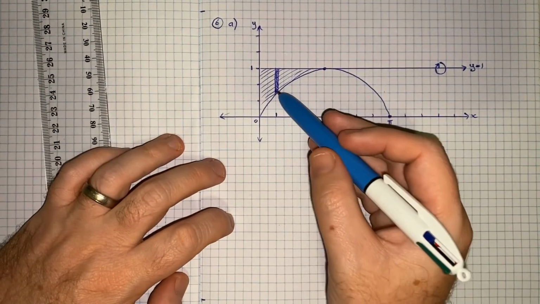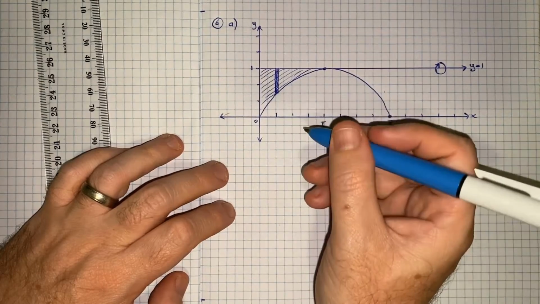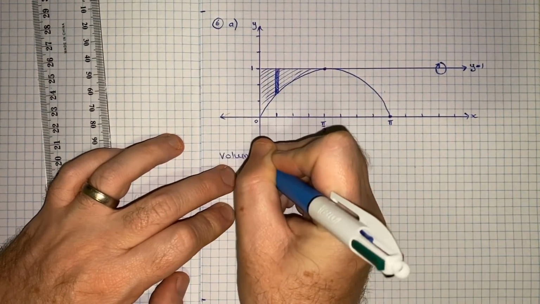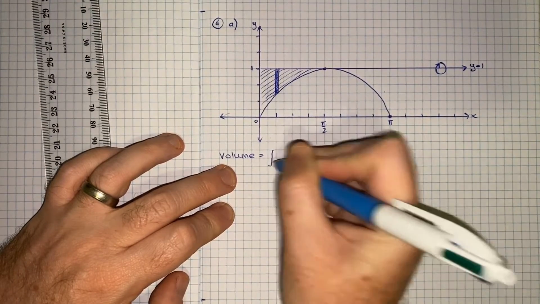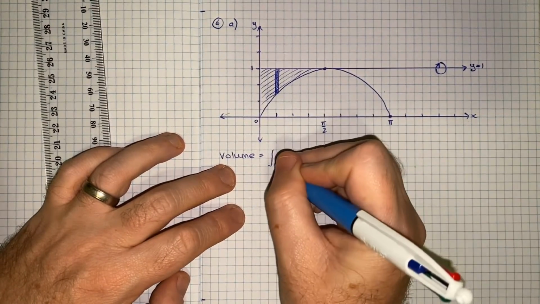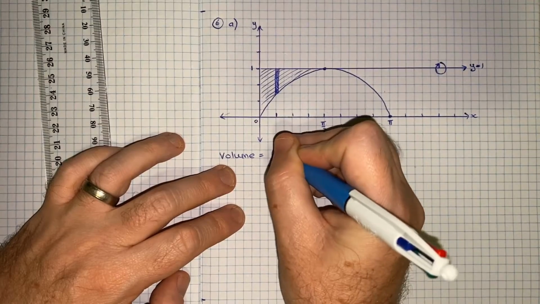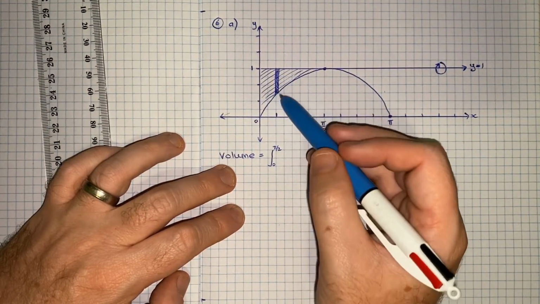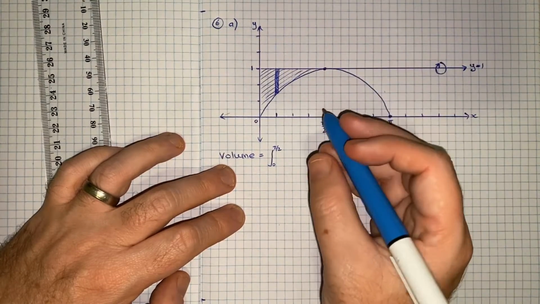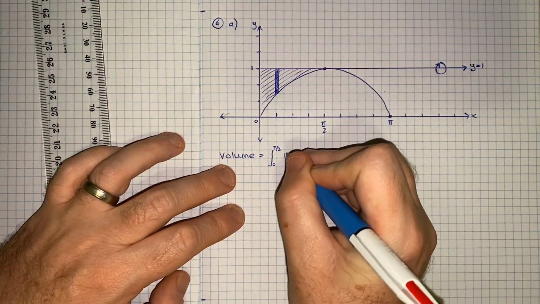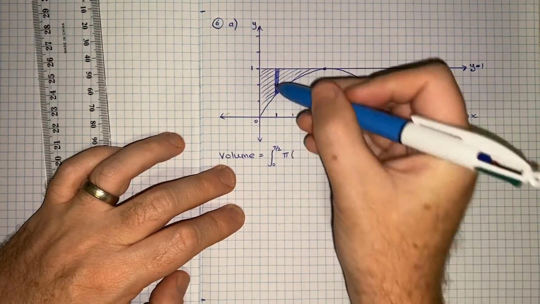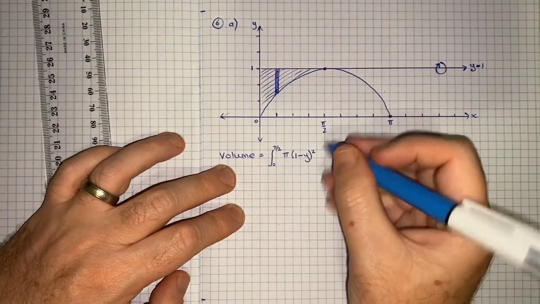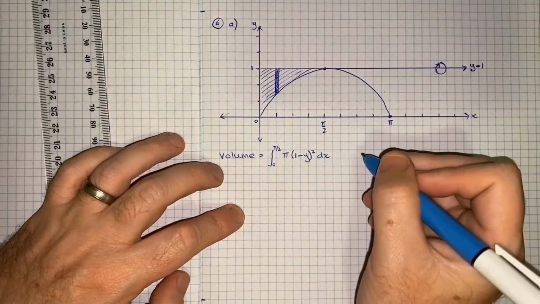But once we've noted that, basically we can say the volume that we're going to get will be the integral between our x values of 0 and pi on 2. And the volume of the slices as we rotate will be pi times 1 minus y squared, because it's the radius squared, and then dx is the width.